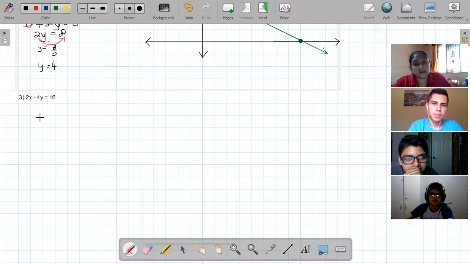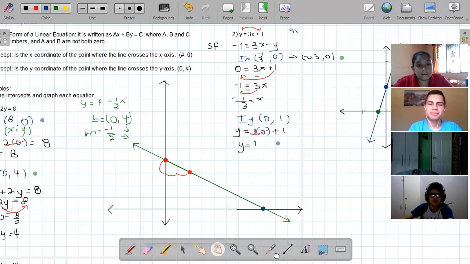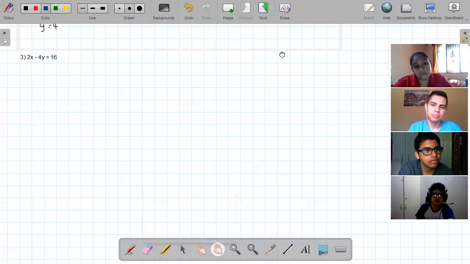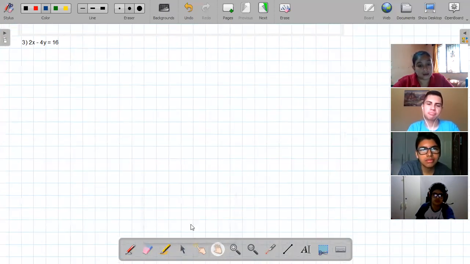Do I need to have it in standard form to use the intercepts? Or can I find the intercepts with an equation that's in slope intercept form? Can I use the method of the intercepts if it's not written in standard form? Yes, of course, I can use the method, okay?